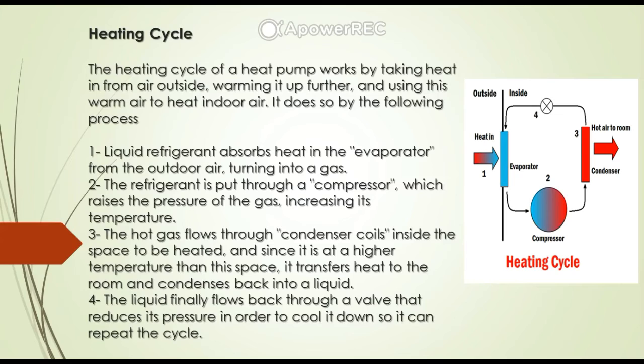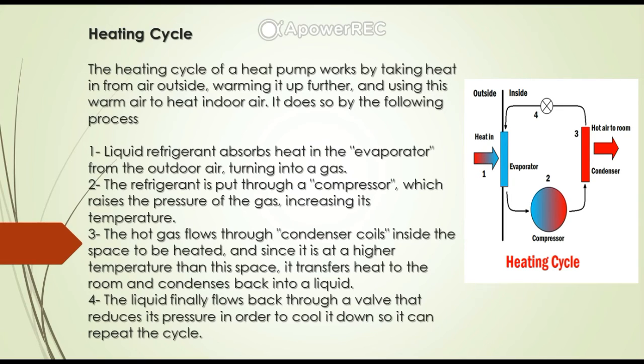The third process of the heating cycle is that the hot gas flows through condenser coils, as we see in the diagram, inside the space to be heated.